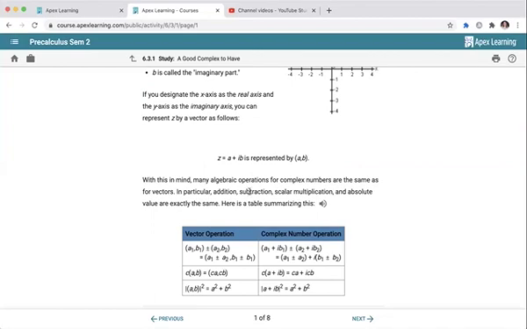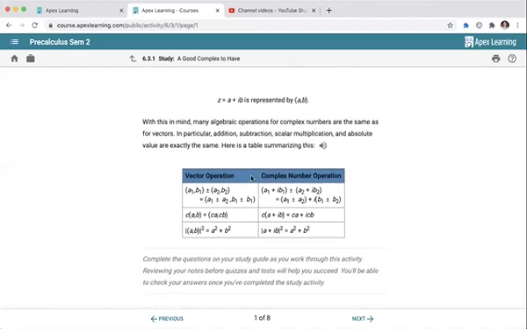All right, so if we keep this in mind here, we can then do algebraic operations for complex numbers, okay? They're gonna be the same as we've done for our vectors. So if I look at two vectors here, when I'm adding them together, I just add the A's and I add the B's, all right? Lo and behold, it's gonna be the same thing here.